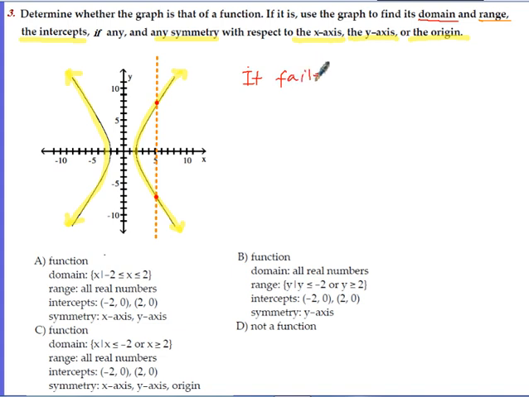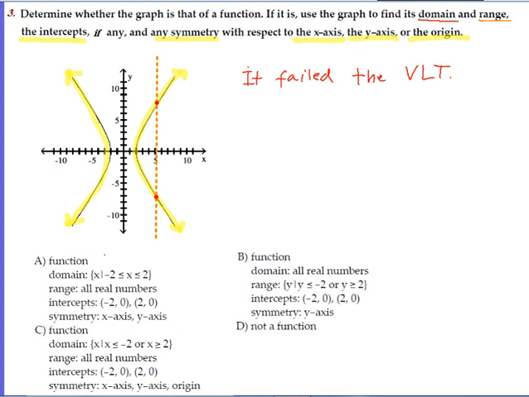And why is it so important to take a look at the vertical line test? Because the vertical line test actually defines whether a certain given graph is a function or not. So it failed the vertical line test. What does this indicate?